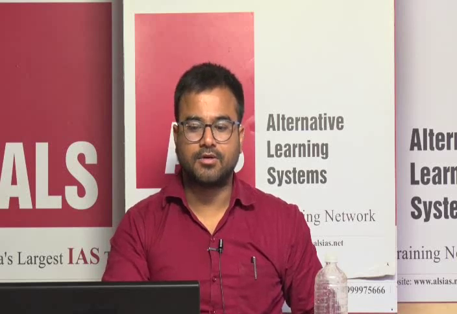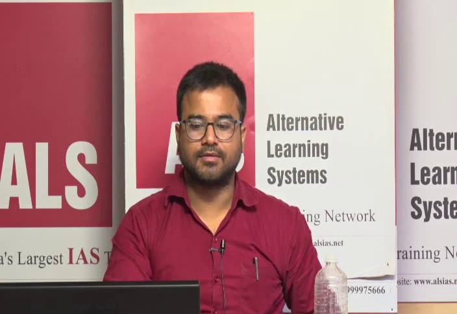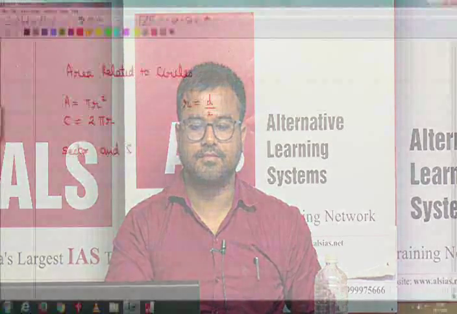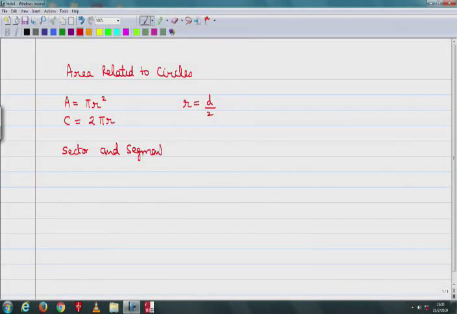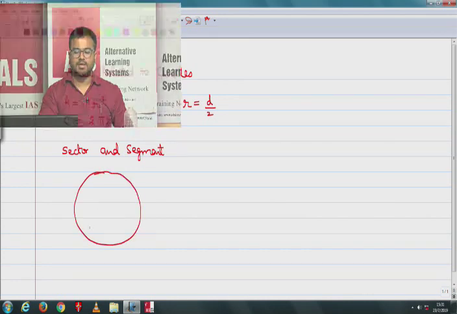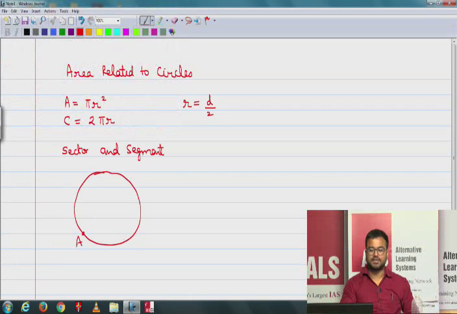The second thing we studied was sector and segment. If this is a circle and these are the two points A and B, the area enclosed by the arc and the two radii is known as the sector.